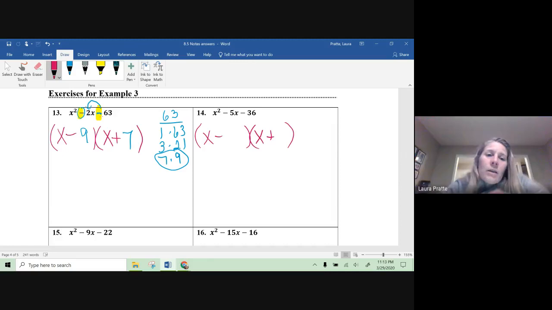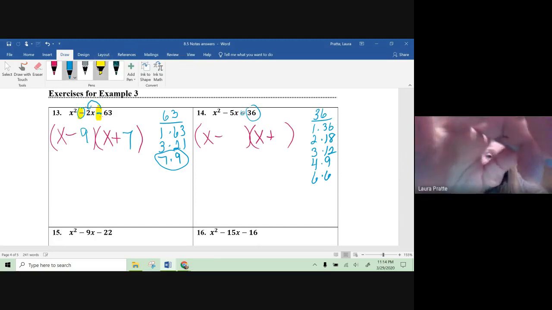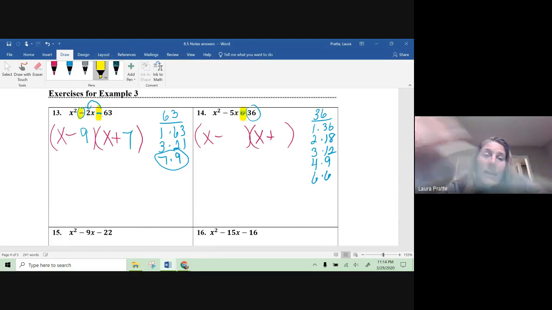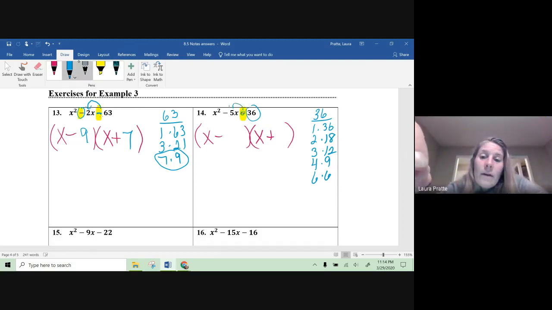So let's try number 14. This time we have a 36 for our third term here. Factors of 36 are 1 and 36, 2 and 18, 3 and 12, 4 and 9, and 6 and 6. And this time, since there's a minus, they need to subtract to get us this 5 that's in the middle.